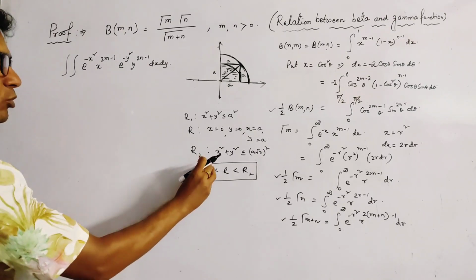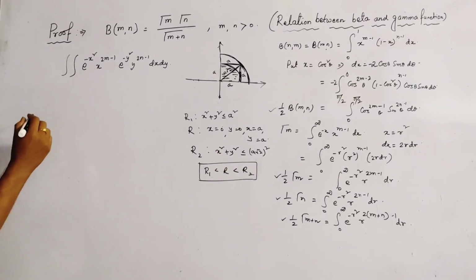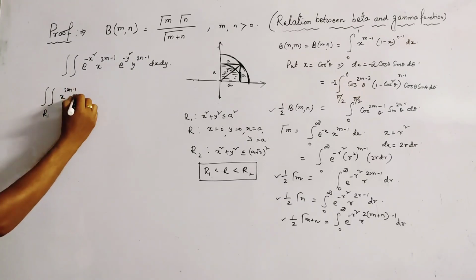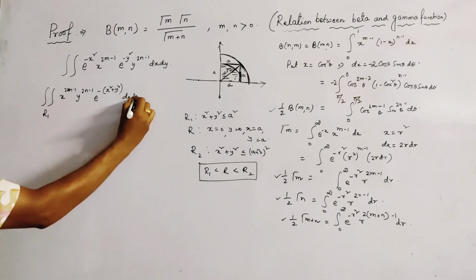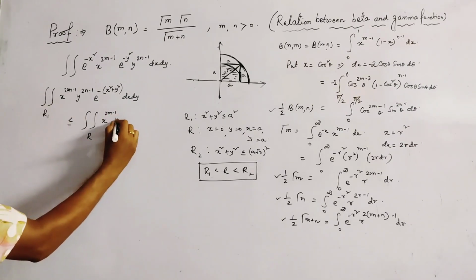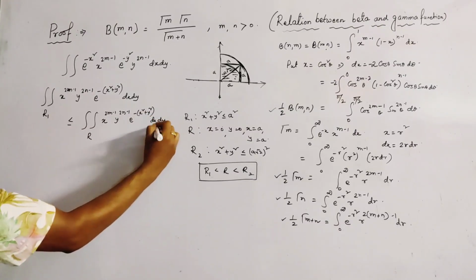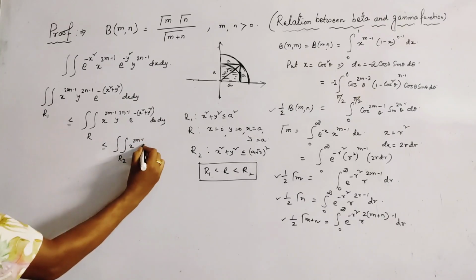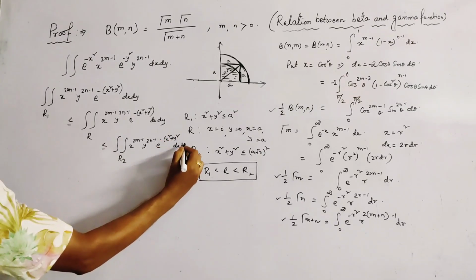Since R1 is the smallest, R2 is the largest and R is the middle of them, we can write these three integrations as: double integration over R1 of x to the power 2m minus 1 into y to the power 2n minus 1 into e to the power minus (x square plus y square) dx dy, less than or equal to double integration over R of the same integrand, and less than or equal to double integration over R2 of the same integrand.